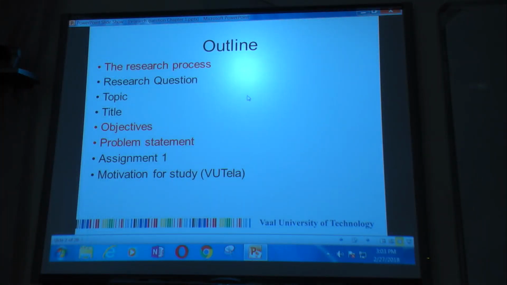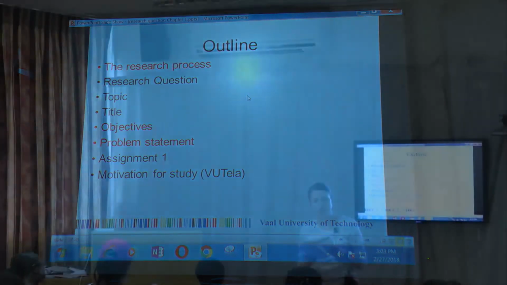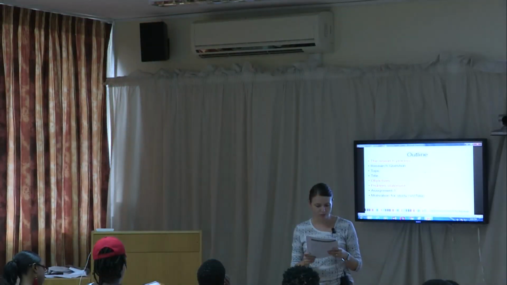Then we have the primary objective. We've done the primary objective today. Again, it links to your title. Include all the variables that are in the title. This also counts 5 marks. You write your secondary objectives. It's for 10 marks. We said 2 to 4 objectives.